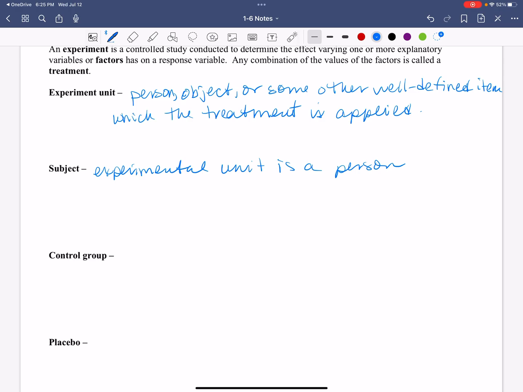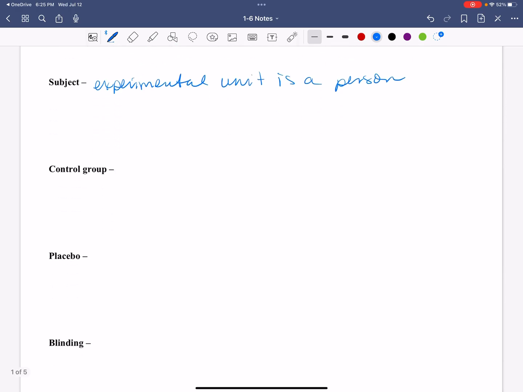All right, so a control group, here's our next little piece. It serves as a baseline treatment that can be used to compare to other treatments.